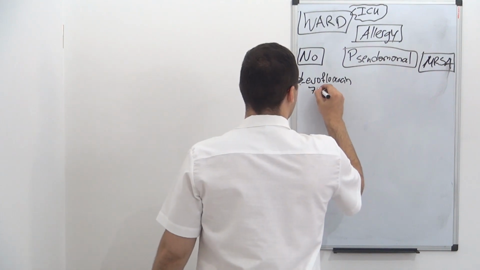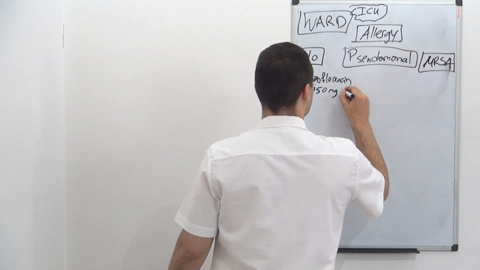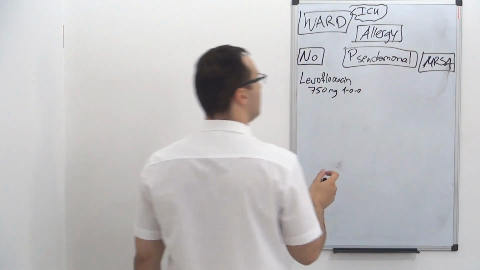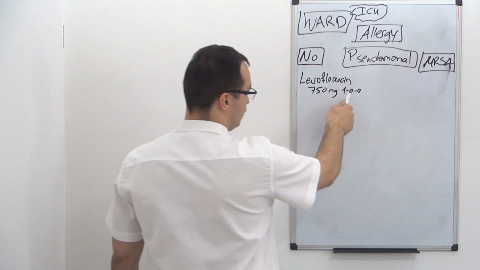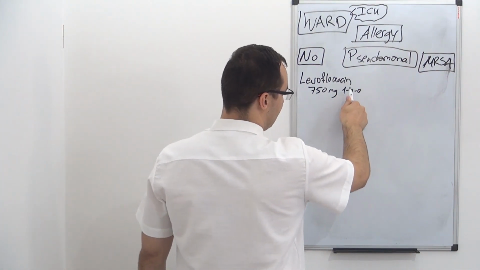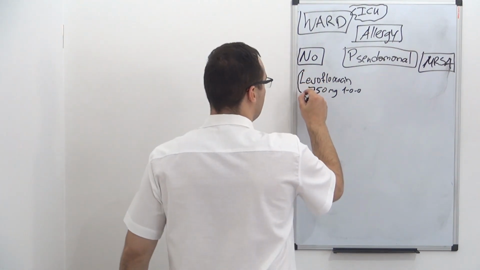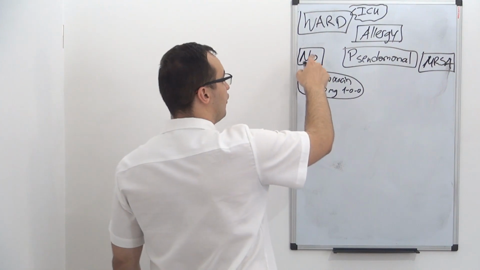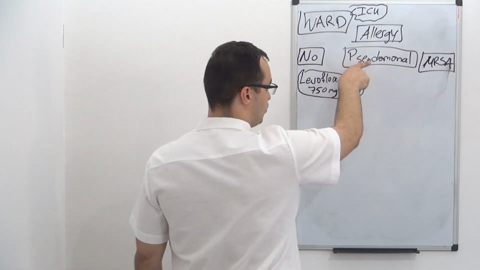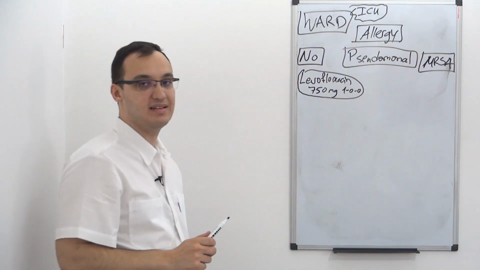And this has a dose of 750 milligram per day. So once daily. And this just means that we give it in the morning, we give nothing at lunchtime and in the evening. So we give levofloxacin to patients who have no risk factors for pseudomonal or MRSA, and they have an allergy against beta-lactams.